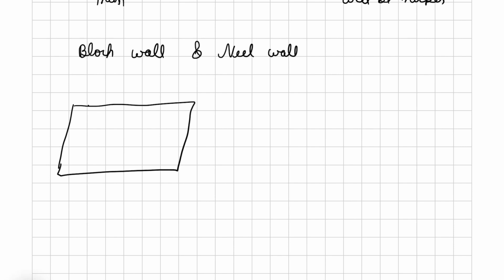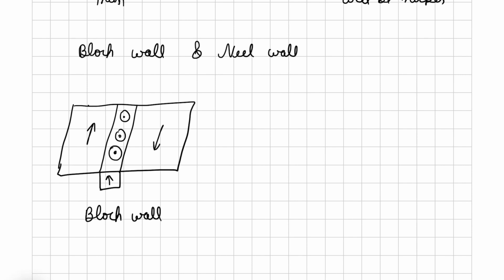In this patch, the spin was pointing along this direction, and this side is pointing along this direction. But along this patch, the domain wall, the spin is out of the plane, something like this. I can denote it like this, the magnetic field coming out of the plane. So this is called the Bloch wall.